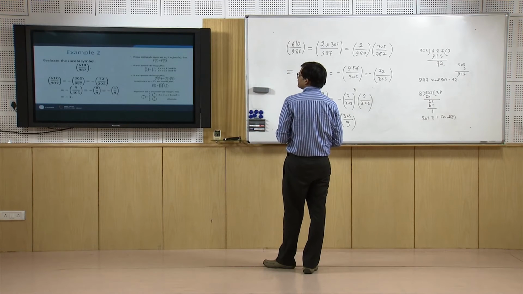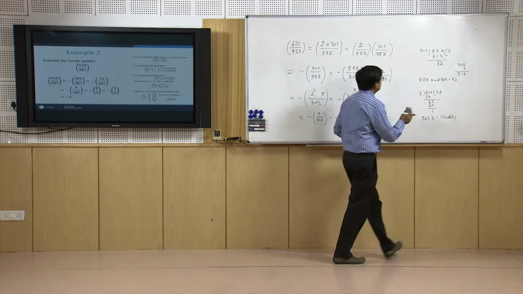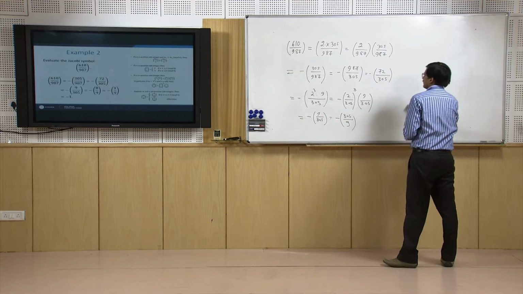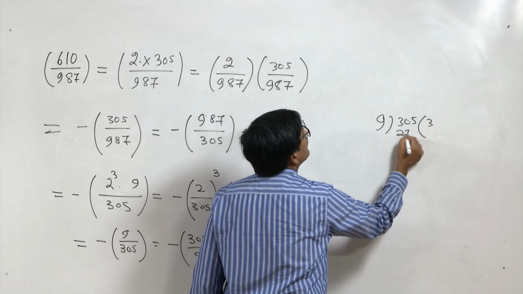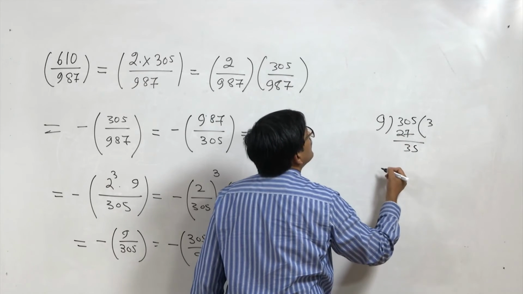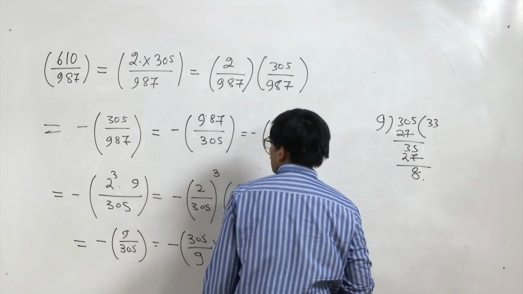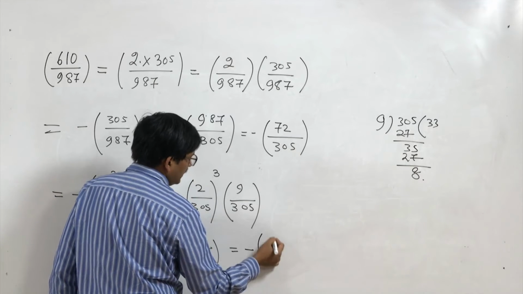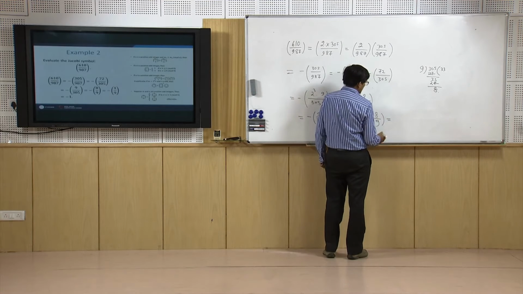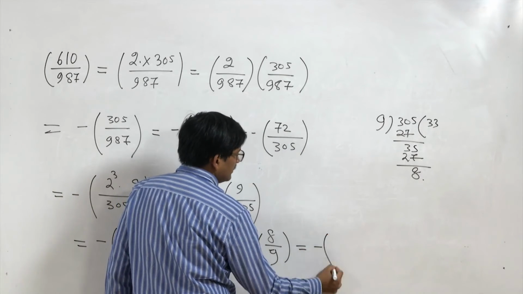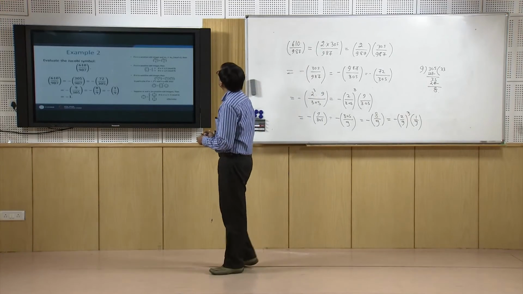And now, let us reduce 305 modulo 9. So, I will get minus 1, 8 by 9 here, and this is minus of minus 2 by 9 whole cube, 1 by 9, and of course 9 is 1 mod 8.